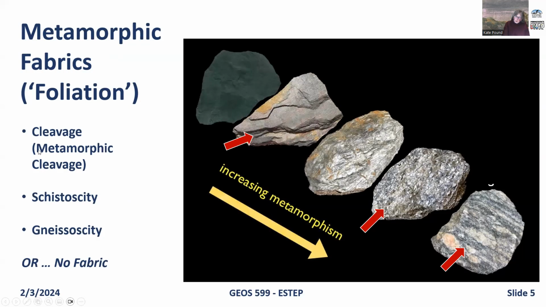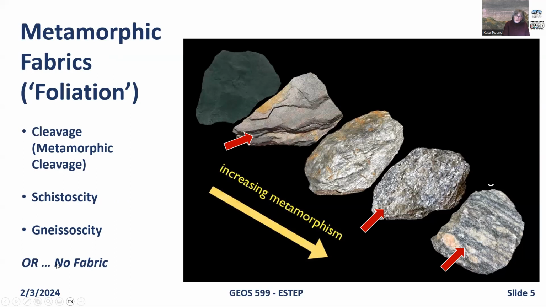So you could say a metamorphic cleavage, to distinguish it when you're talking about metamorphic rocks. Other words for the fabrics: there's a word schistosity and then a word gneissosity. So cleavage, schistosity, and gneissosity.